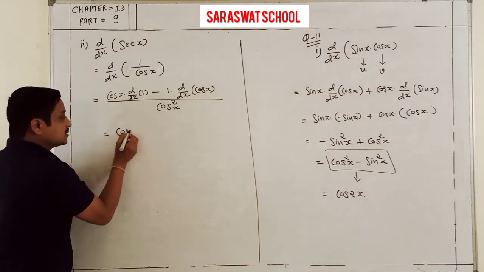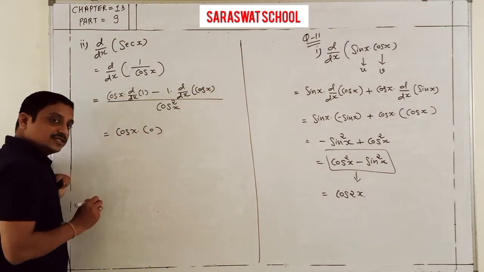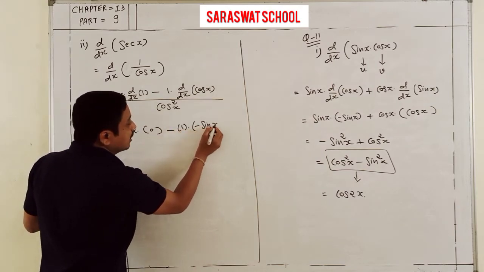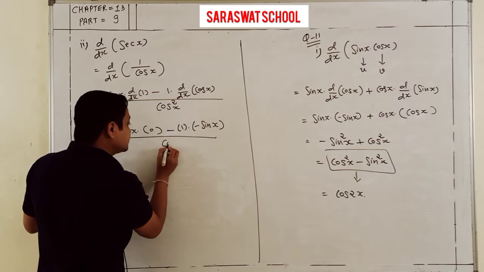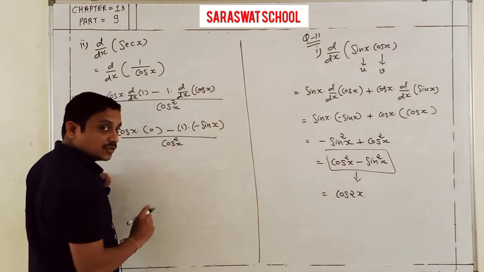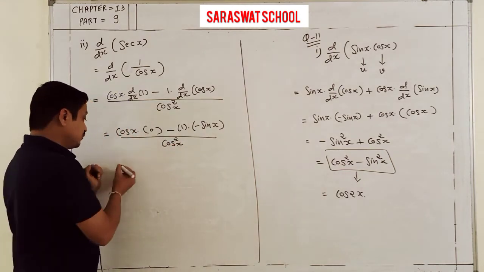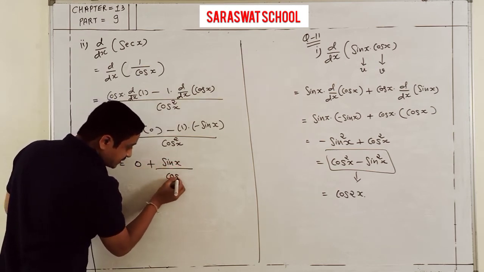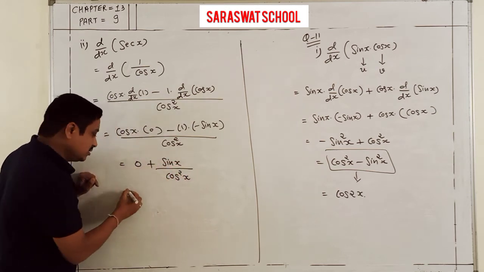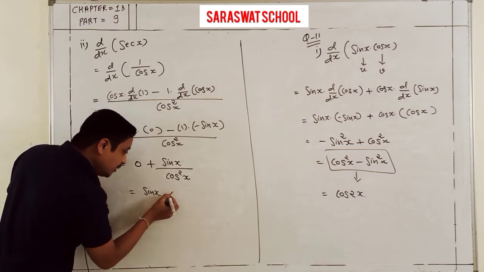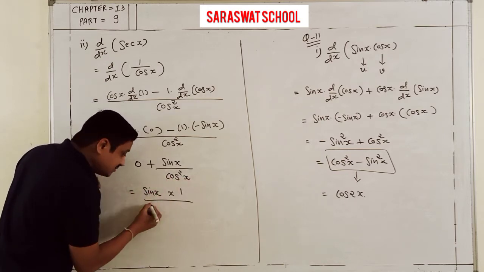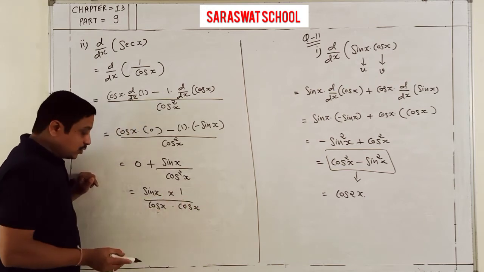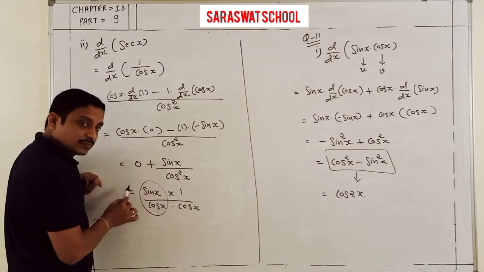Here the derivative of 1 is 0, constant, and the cos derivative is minus sin x, and that gives 0 plus sin x by cos square x. Students, I will do here sin x into 1, and the cos square x we will write down as cos x into cos x, because I know this also.